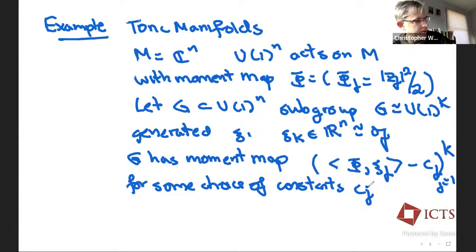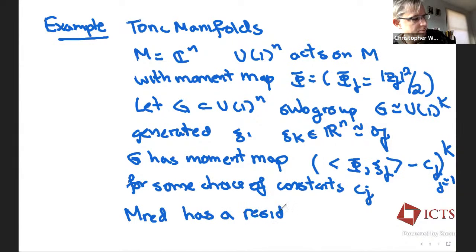If I take the reduced space now, this is the quotient by G. One of the addenda to the Marsden-Weinstein theorem that we said was that there's a residual action, because the flows of U(1)^n upstairs commute with the action of G. All of these groups are abelian, so these flows upstairs descend.